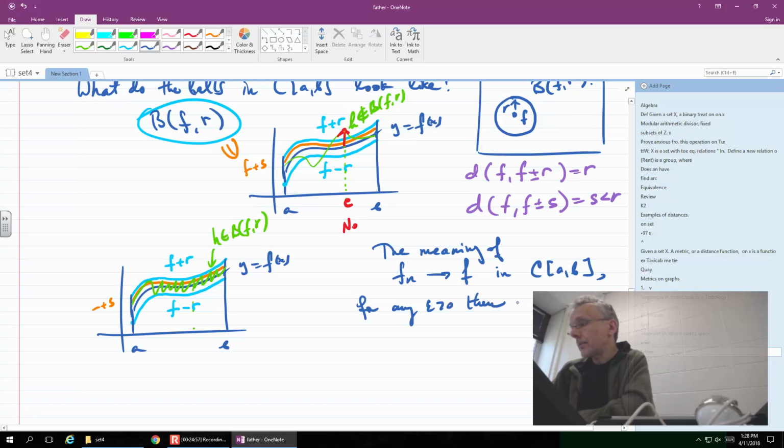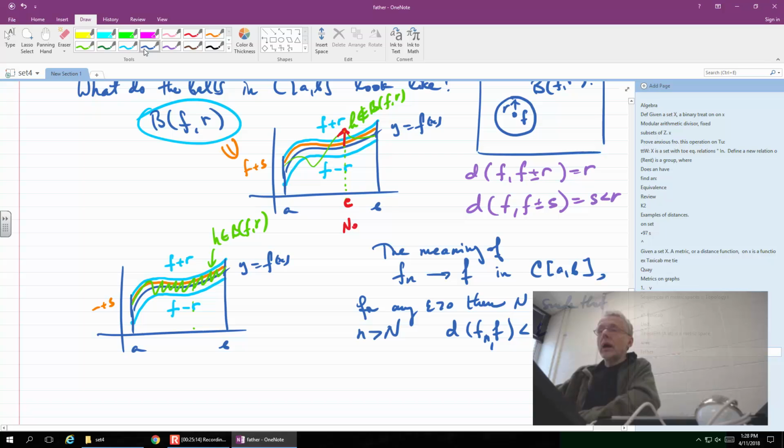There is an N such that for n larger than N, the distance from f_n to f is less than epsilon. Well, that's actually one definition, and so that's where the open ball comes into play. This is our open ball. So look at that picture once again.